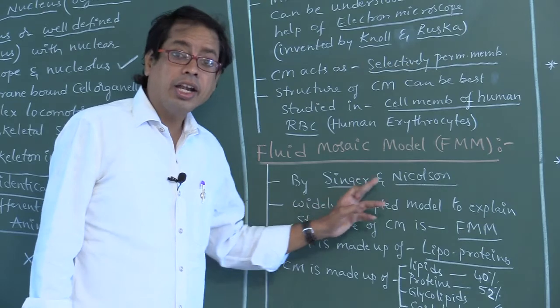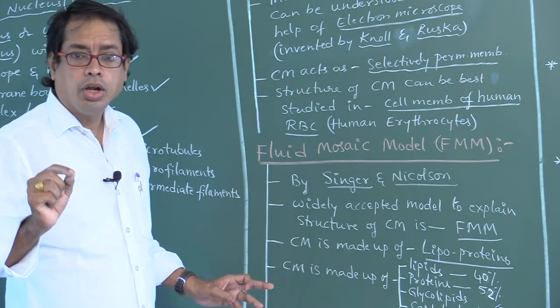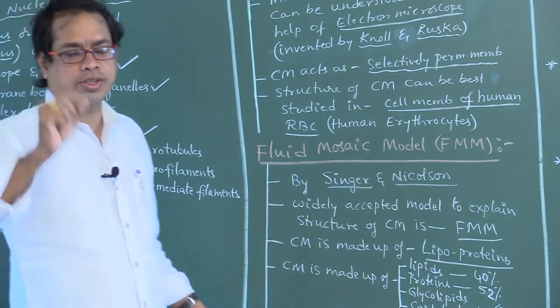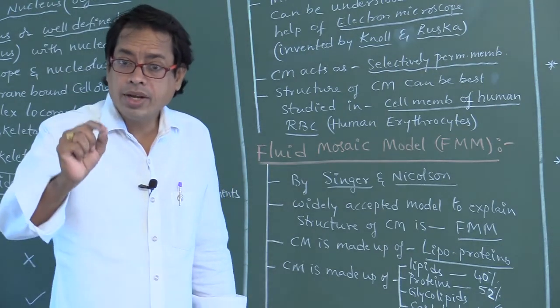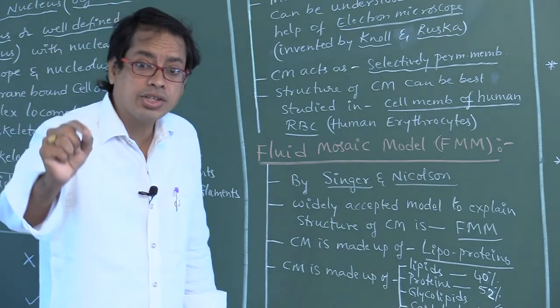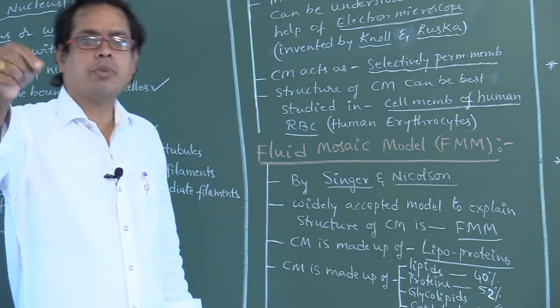Next, the cell membrane is made up of lipids and proteins, together called lipoproteins. The cell membrane in eukaryotic cells is made up of lipids and proteins, and in prokaryotic cells also, the cell membrane is made up of lipids and proteins.